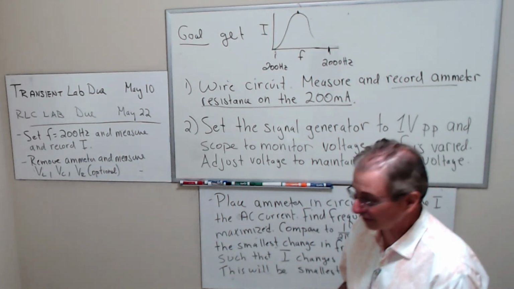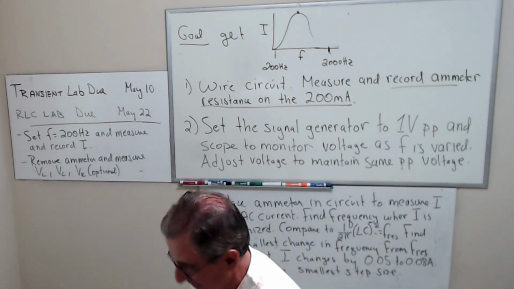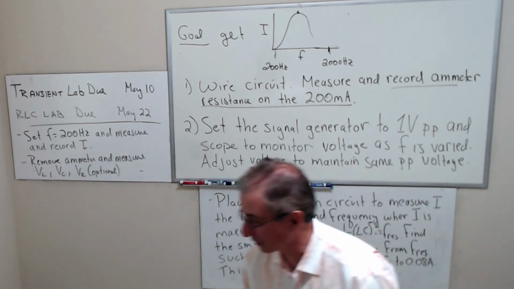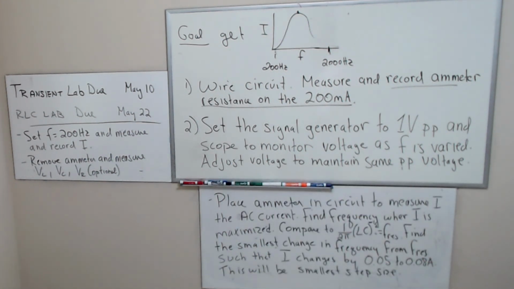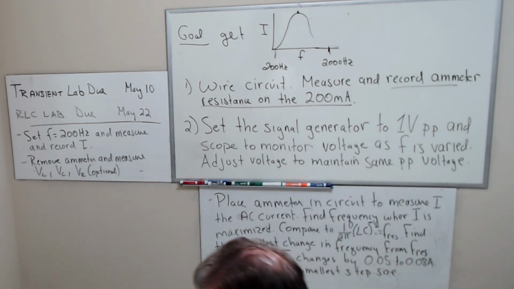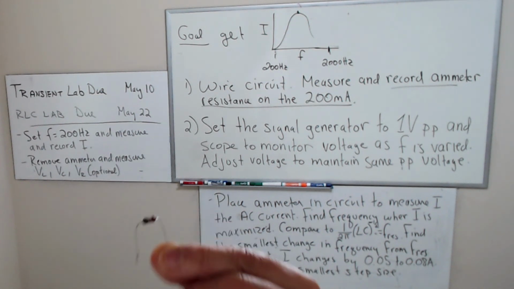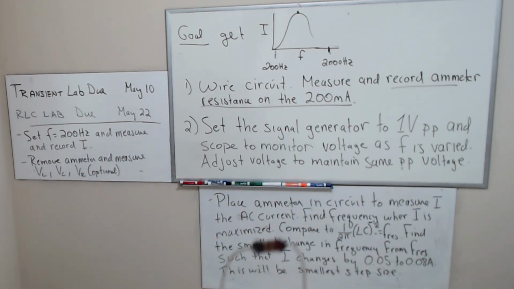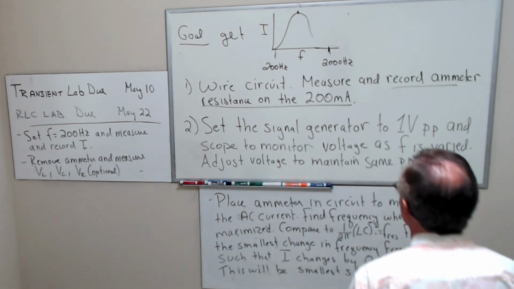Oh, I forgot to tell you the resistor you're going to be using. I'm way over time, but let's see if I can get real close. This is the resistor. It's gray. It's 1 ohm.